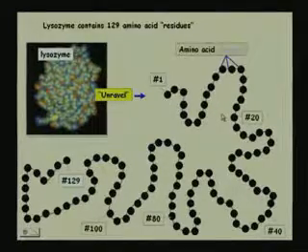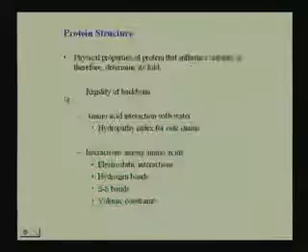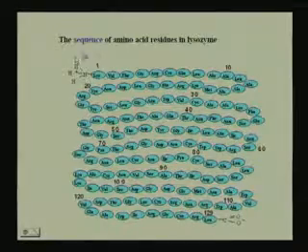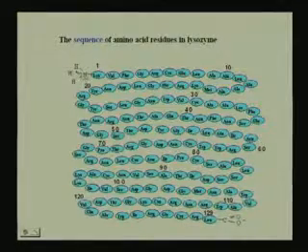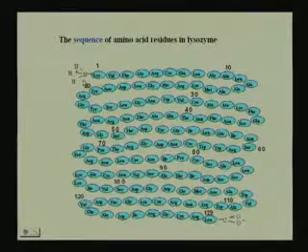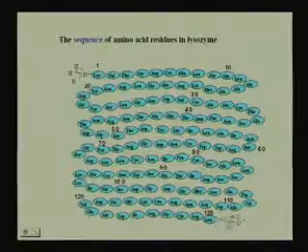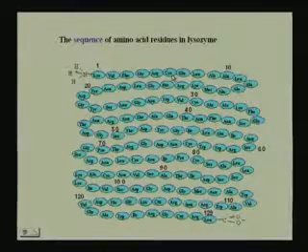This polypeptide chain will form a protein because it is going to fold into a definite three-dimensional native structure. Now if we go to the sequence of amino acid residues of this protein, I start off with a protonated amino terminus and end with a carboxylic acid terminus which does not have the proton attached to it, and this is the sequence of my protein.